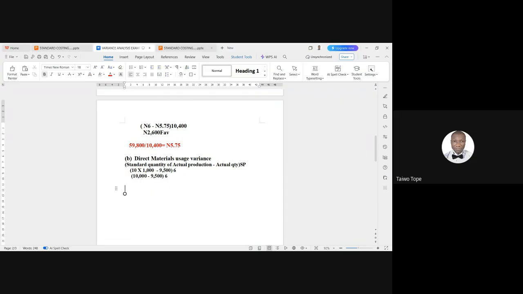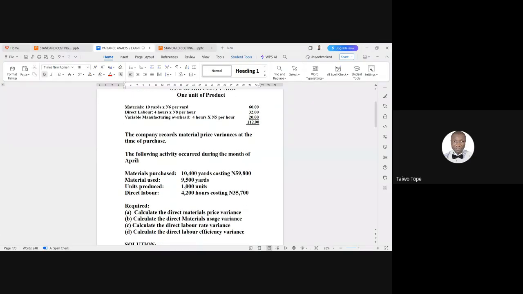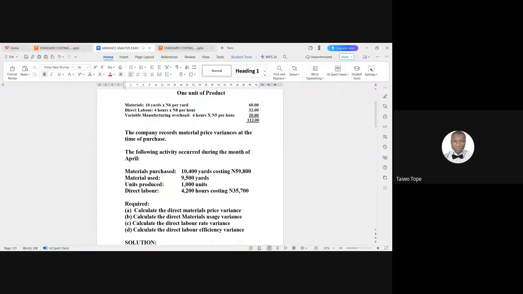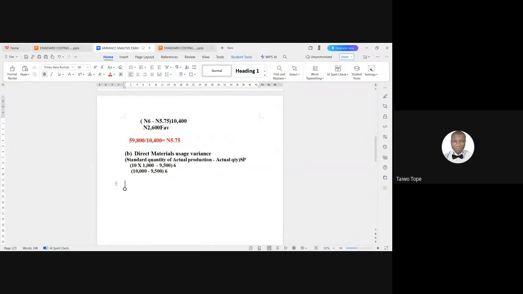The standard price for 1 yard is 6 naira per yard. So we have it as this. So when you minus and multiply, the result will be what? 3,000. Is this favorable or adverse?